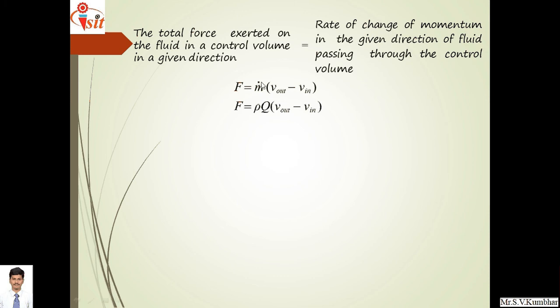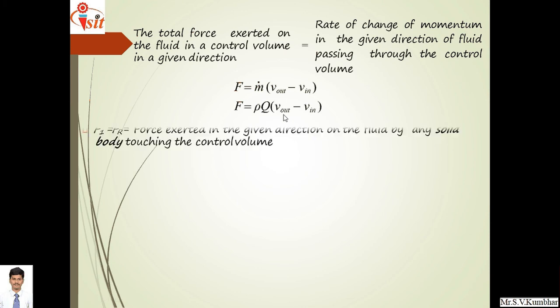So we can write this equation as F = ρQ(V_out − V_in). And here this F is considered as F1, which is the resultant force exerted in the given direction on the fluid by any solid touching the control volume.